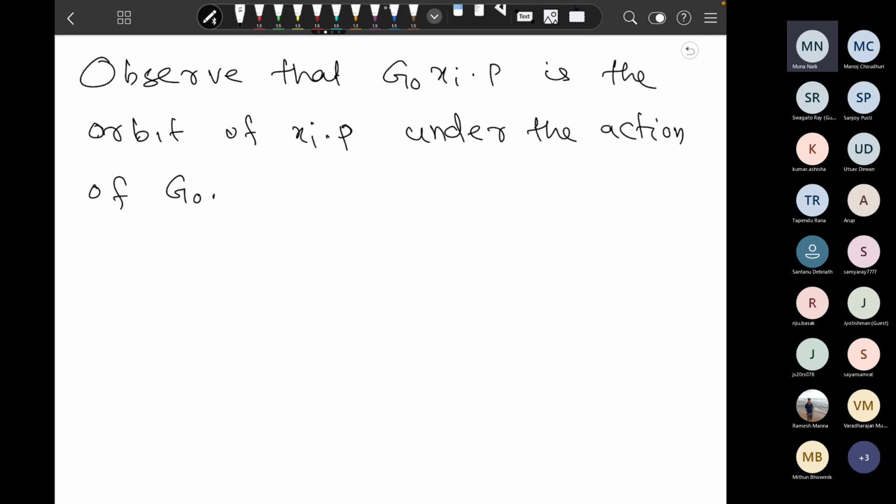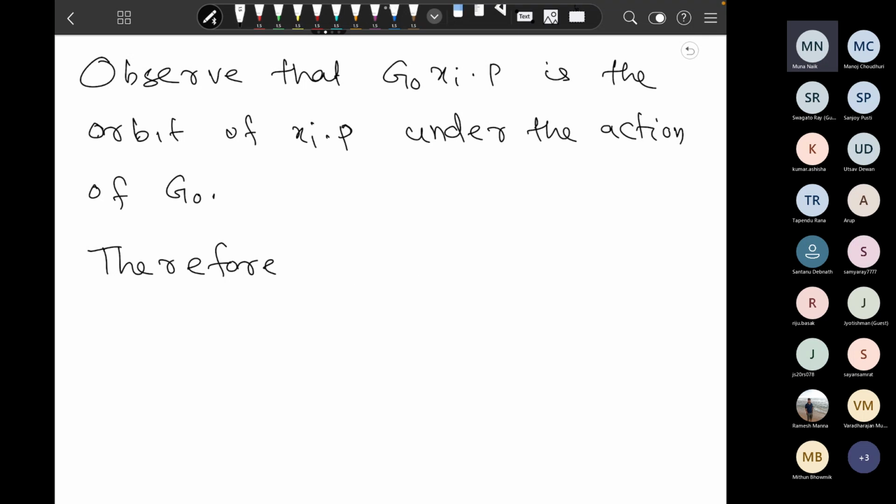You know that if a group acts on some space, either two orbits are the same or they are disjoint. If they intersect, then they have to be the same.